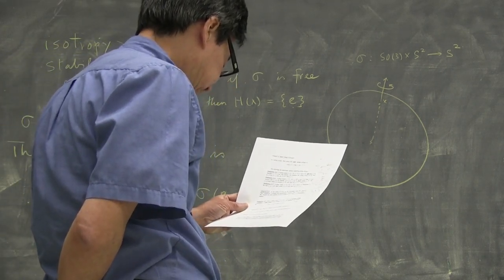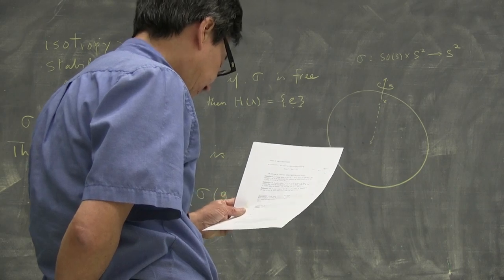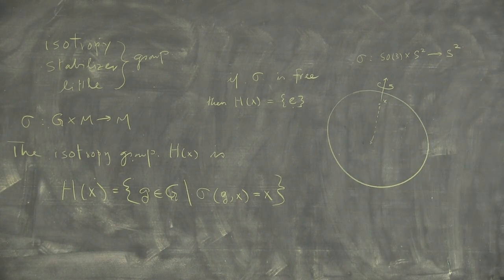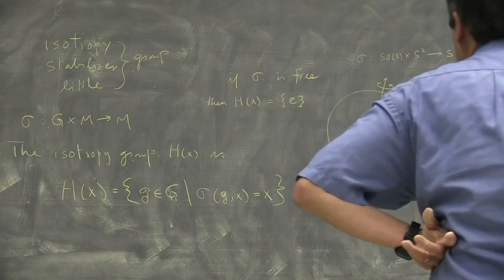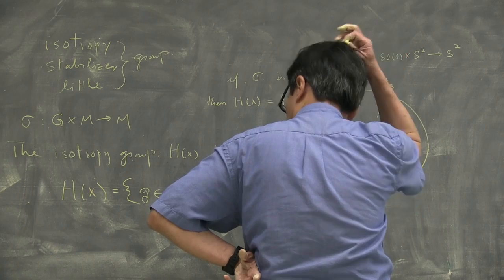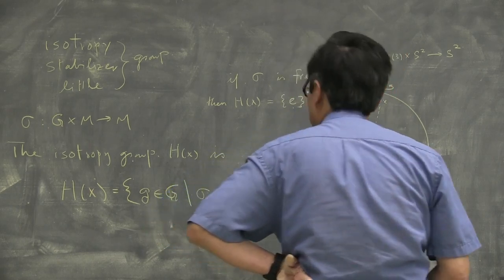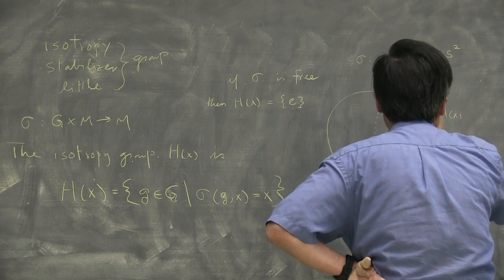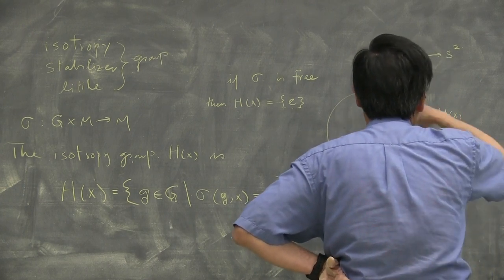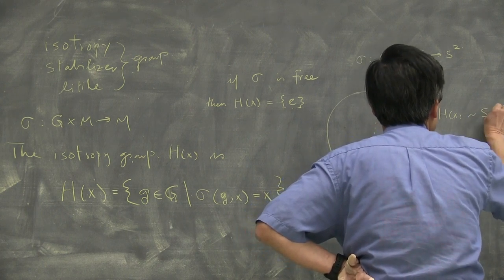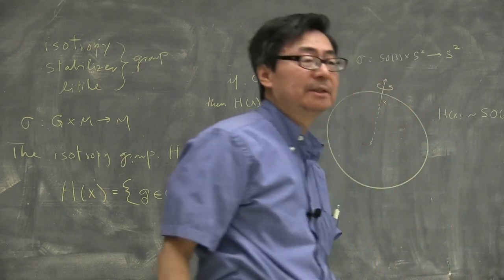Now, let me mention one thing, which is quite obvious, but sometimes people tend to be confused about that. The isotropy group in this case, for the SO3 case and S2 as the manifold, is isomorphic to SO2, right?